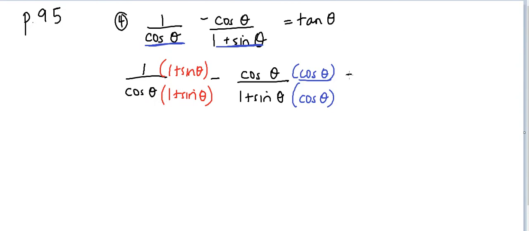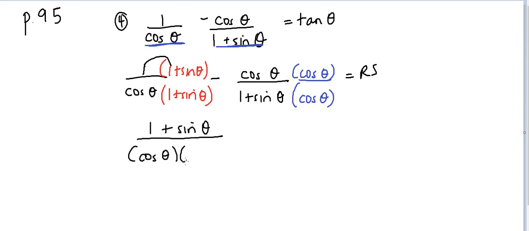So now we simplify. What do we have at the top here? 1 times 1 is 1. 1 plus sine is just 1 plus sine. I will not multiply out the denominator. Don't do it unless you really have to. Cos times cos is cosine squared.